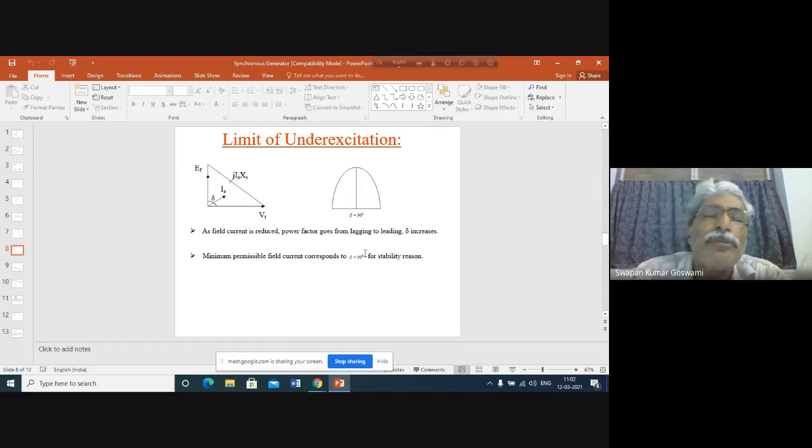They will be absorbing some reactive power, obviously negative reactive power. If the series reactance is consuming reactive power, then you can say that shunt capacitors will be generating reactive power.